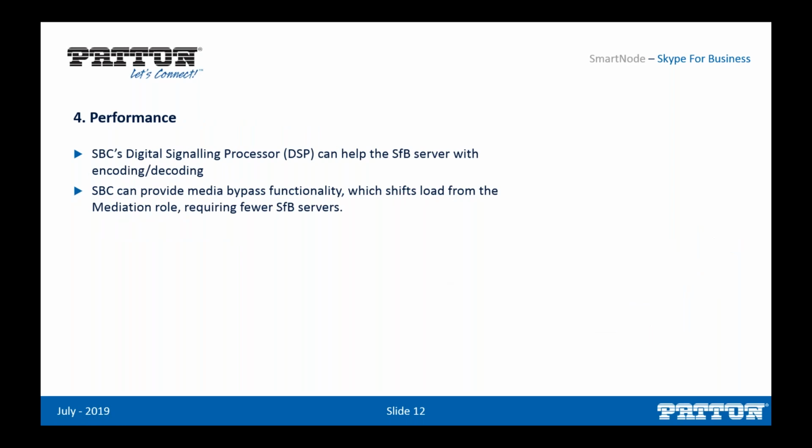Good. Now, moving on, another use case here is in terms of performance. So you saw it before with the transcoding capabilities a SmartNode has and can offer. So there is the possibility to also offload your infrastructure or the customer's infrastructure of the Skype for Business, where Skype for Business software is running on, in terms of codec transcoding, a functionality that is supported by the SmartNodes, which again helps to increase performance on those servers.